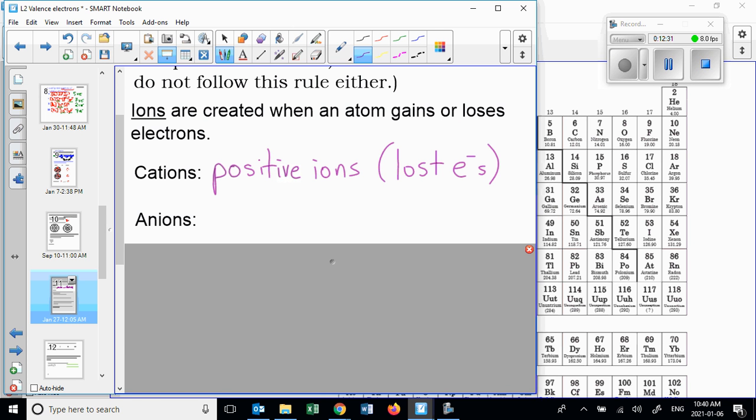Anions are negative ions, and they're negative because they've gained electrons from their neutral state.